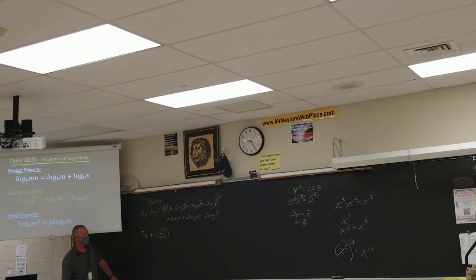What do you do when you have two items? Each one of them becomes a log. It always works this way. That's honestly the first property and the second property put together, with, of course, a subtraction sign.